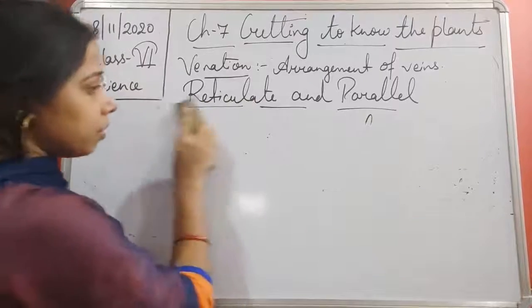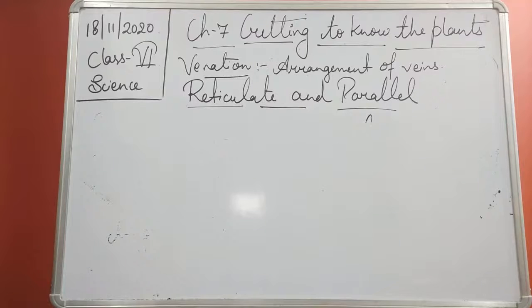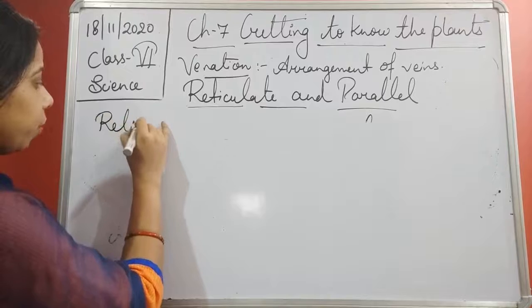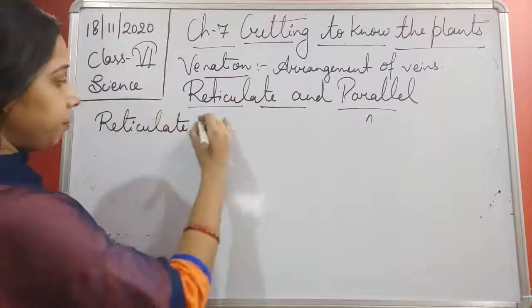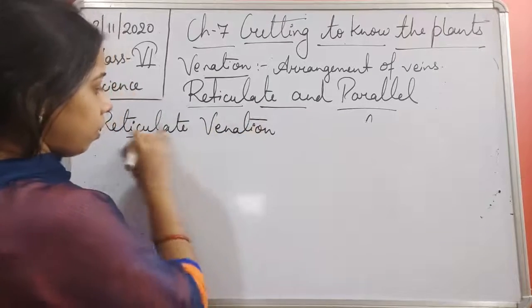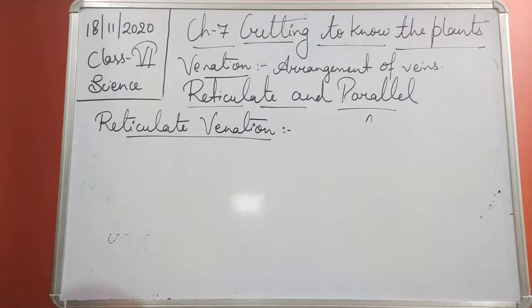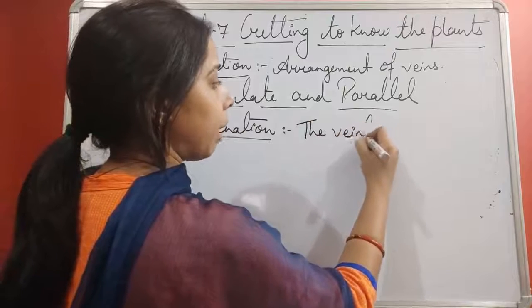You see, students, basically what happens in a reticulate venation: the veins spread out.